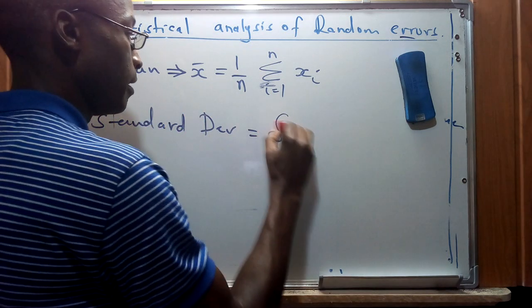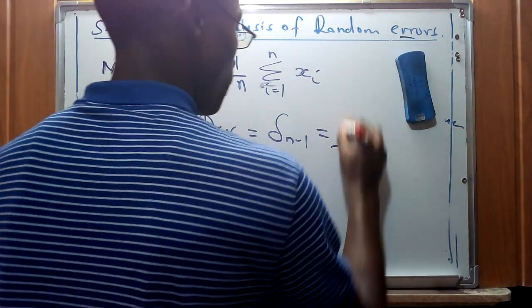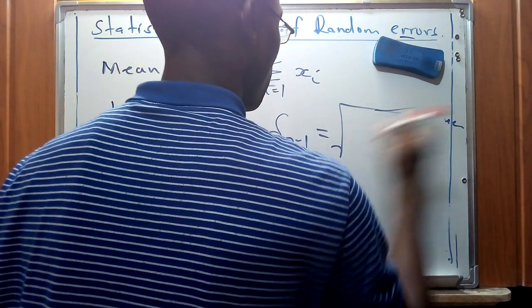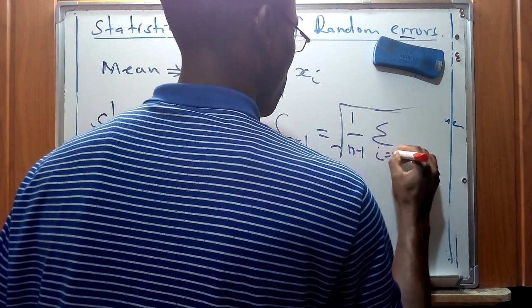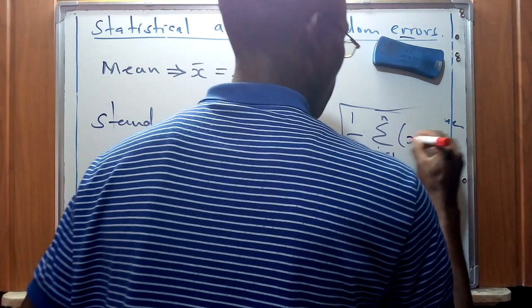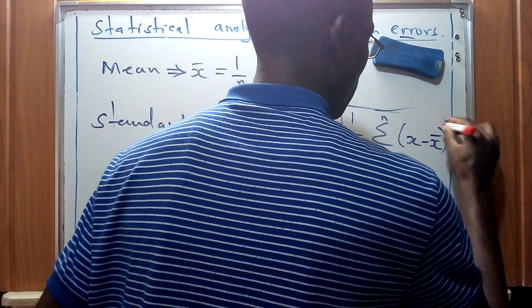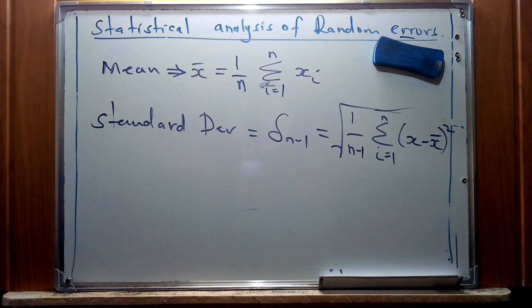The standard deviation is given as the root of 1 over n minus 1, the summation from 1 to n of x minus the mean, the deviation, squared. That's going to give us the standard deviation.